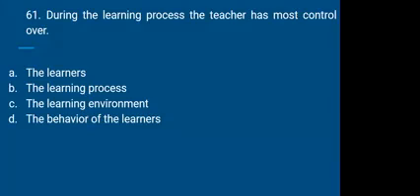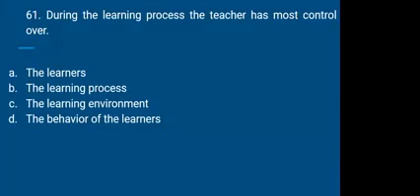During the learning process, the teacher has most control over. Is it A, the learners? If I'm not mistaken, lumabas na to sa pre-board ninyo last time. If you can still remember, nagbigay na ako ng rationalization nito. Letter B, the learning process.